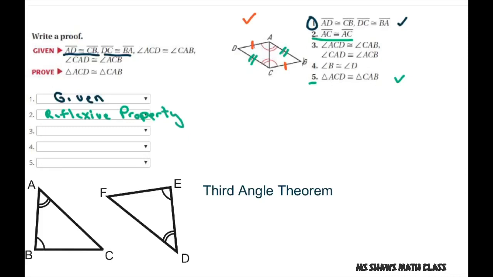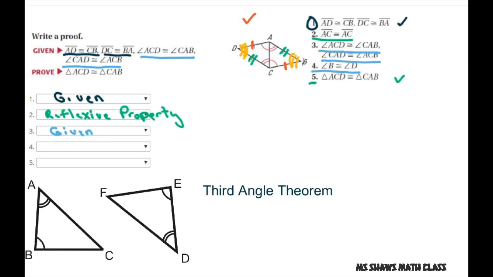And then we have these two, the angles are congruent. That's right here. So that's another given. So with all the angles being congruent, what we can say is that angle B is congruent to angle D. So we can say that these two angles are congruent.